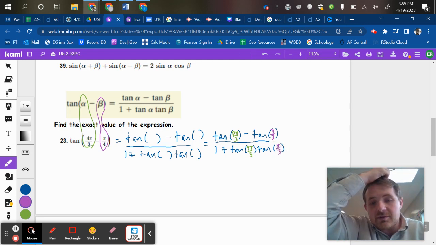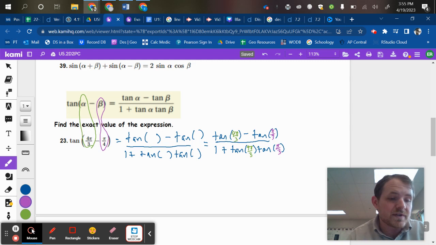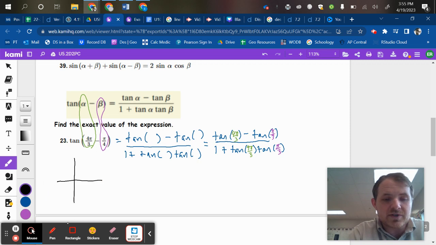Now, to actually evaluate those, you need those two triangle situations, which if you remember, pi over 4 is 45 degrees. So that puts you in the first quadrant with a radical 2, and 2. And 4 pi over 3 is pi over 3 past 180.